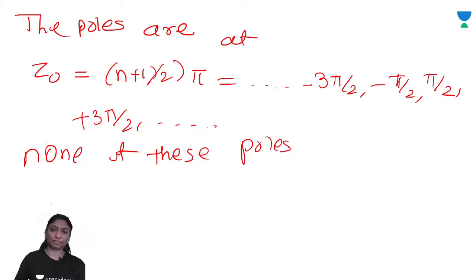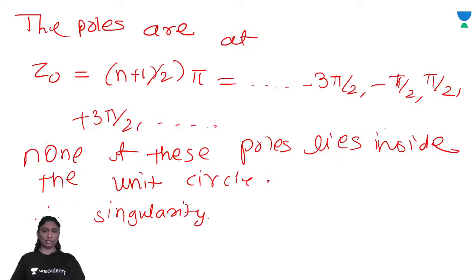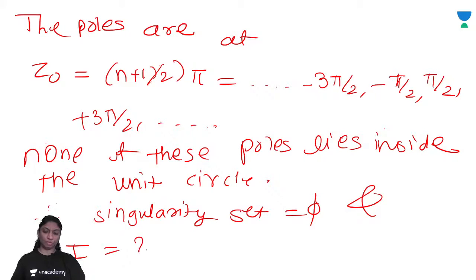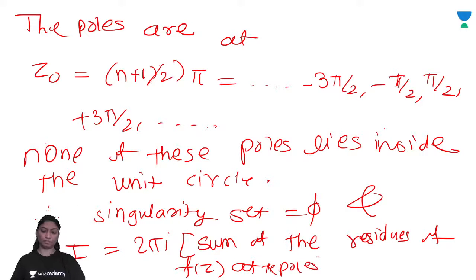No poles lie inside the unit circle. Therefore the singularity set is phi, and I is equal to 2πi times the sum of the residues of f(z) at the poles, which is equal to 2πi into 0, which is equal to 0.